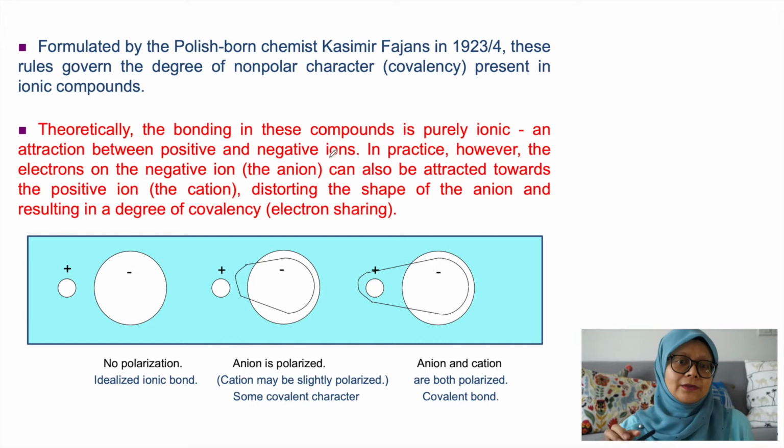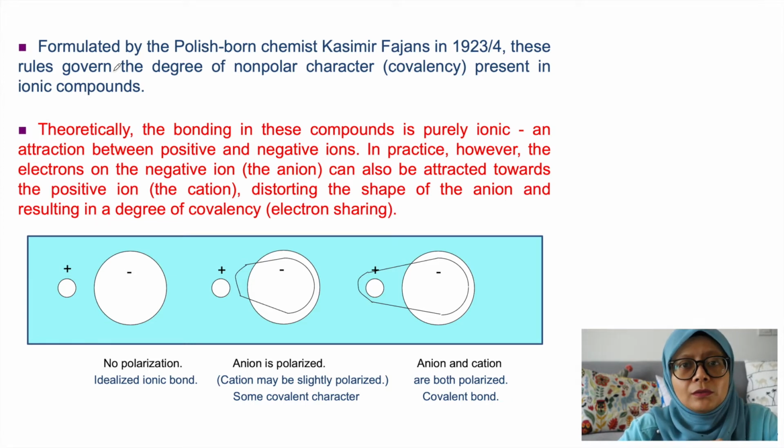This Fajan's rule was formulated by the Polish chemist Kazimierz Fajans in 1923, or between 1923 and 1924, and these rules govern the degree of nonpolar character, or what we call covalency, present in ionic compounds.